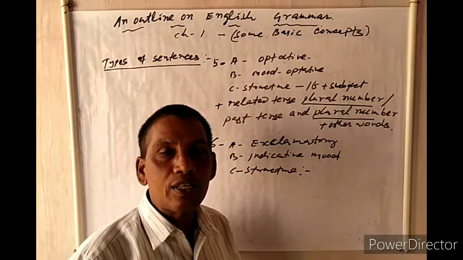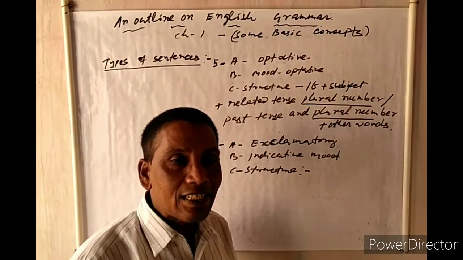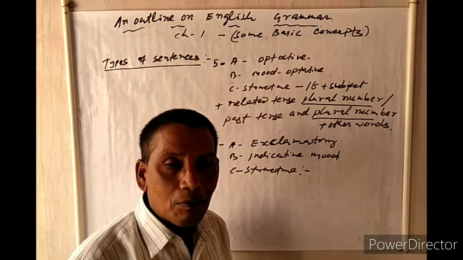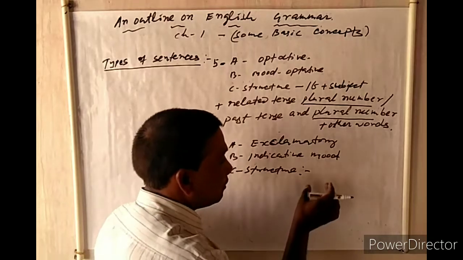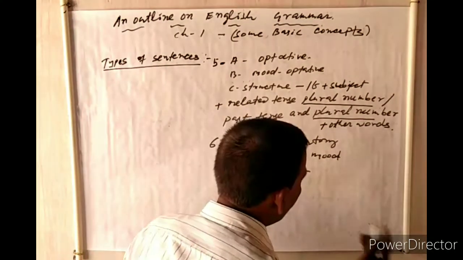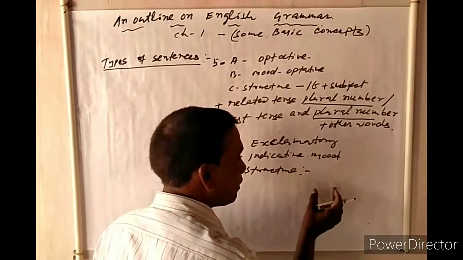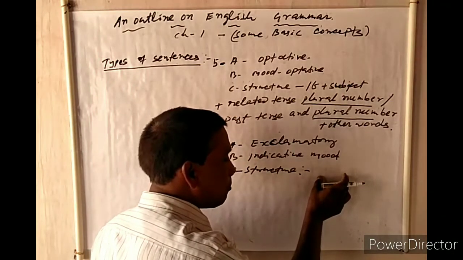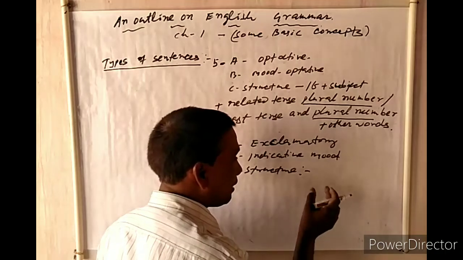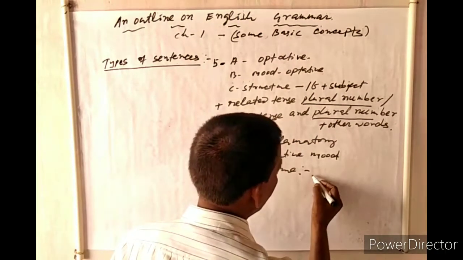So when a word is used independently, its place remains the same as it is in Hindi. क्या ट्रेन चली गई है, क्या को आप हिंदी में कहाँ लगा रहे हो, सेंटेंस के शुरू में लगा रहे हो. Similarly, in English also, at the time of making the exclamatory sentence, you have to put it in the beginning, at the start of the sentence.